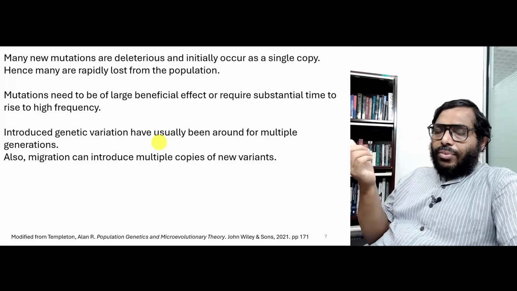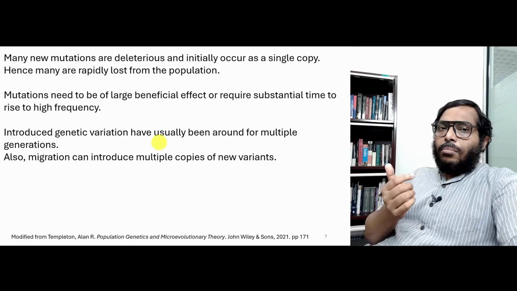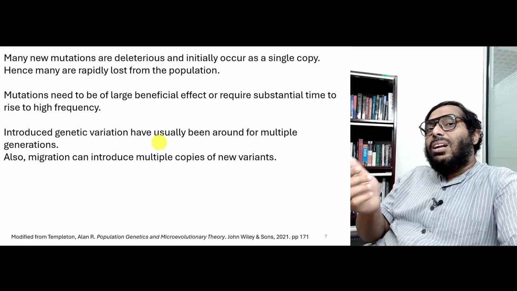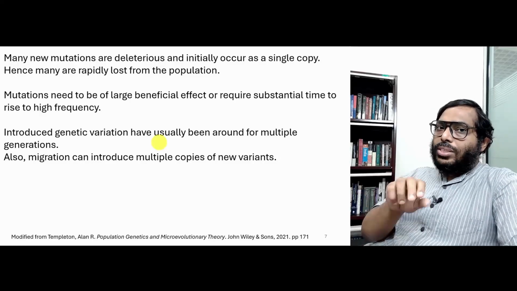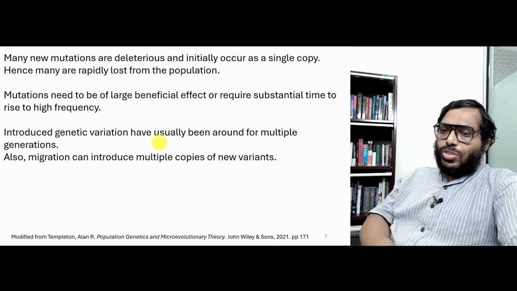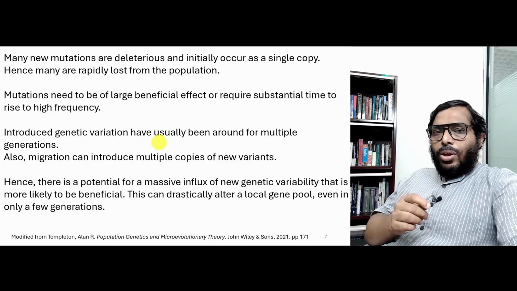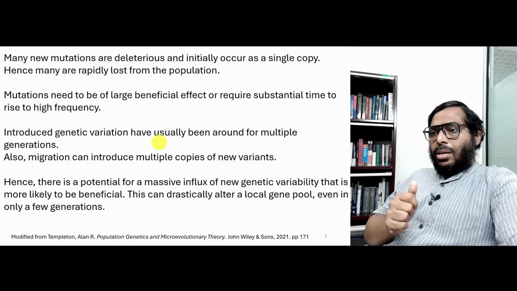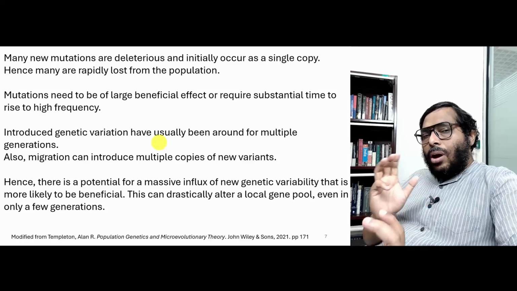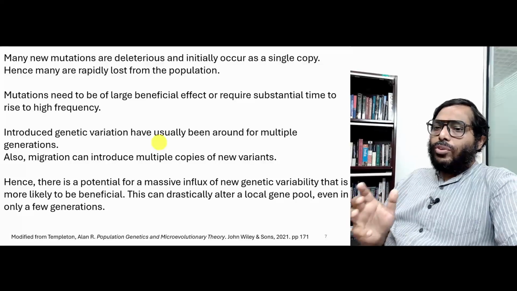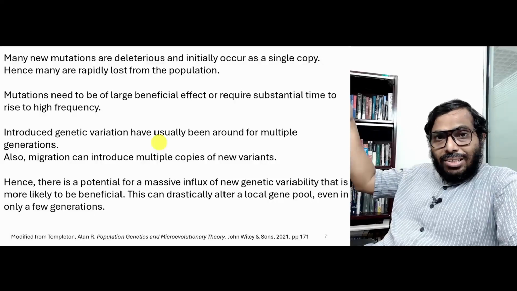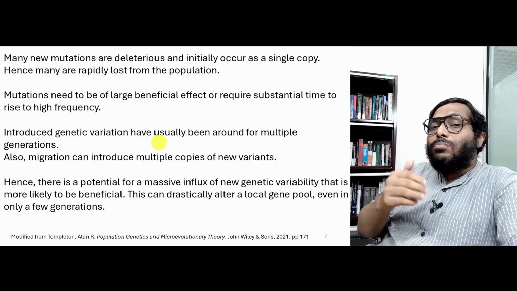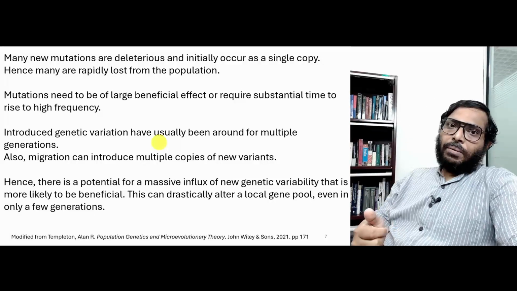Also, note that migration by its very nature can introduce multiple copies of the new variant. So the problem of drift at low frequency that we are talking about is much less here, and therefore you can have a much larger influx of new genetic variability which, because it has undergone selection in the previous population, is more likely to be beneficial.